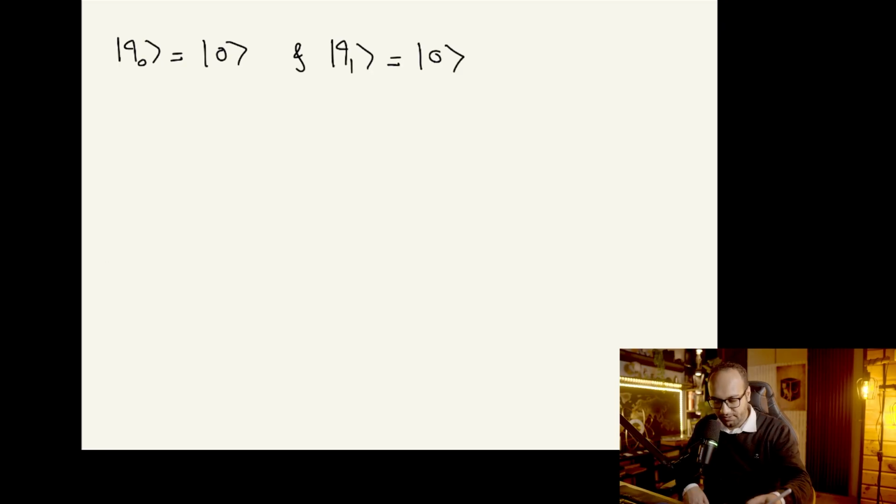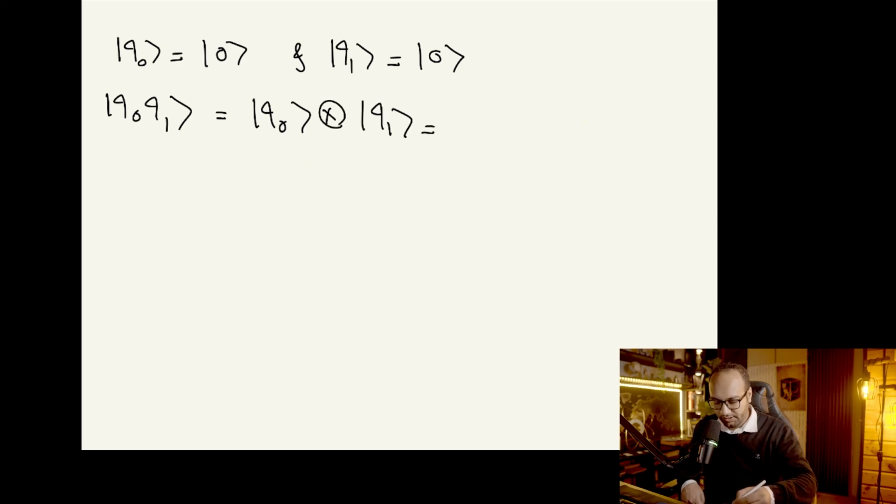Let's see how. We can have a state Q0 in the ground state, so equal to ket 0, and then we can have Q1, which is also in state 0. Then to express the combined state of both qubits, Q0 and Q1, we use the tensor product, so we multiply them tensorially, and we make a sort of distribution.